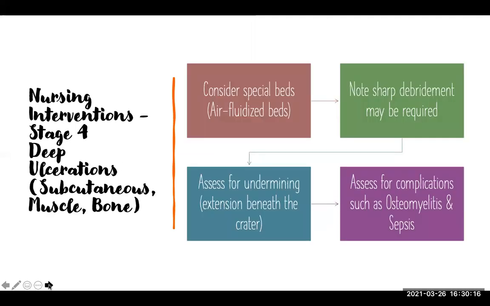So stage 4 pressure ulcers, the worst kind of pressure ulcer here. So we want to consider the surface area that your patient's on whenever you have a stage 3 or stage 4 pressure ulcer. We want to consider the type of bed. So this is the kind of patient who may need a fluidized or air bed that alternates pressure underneath them.